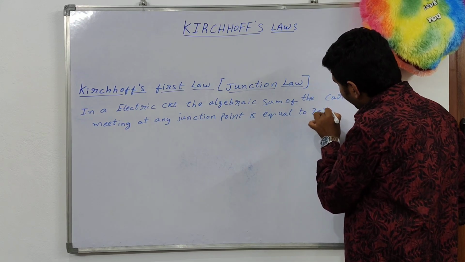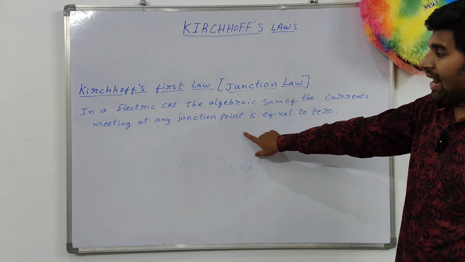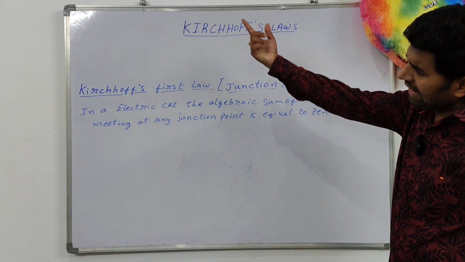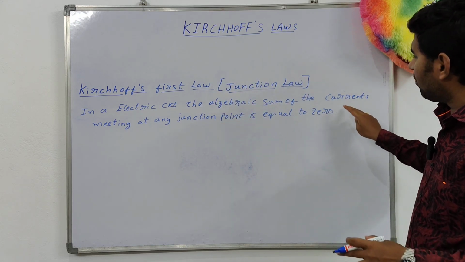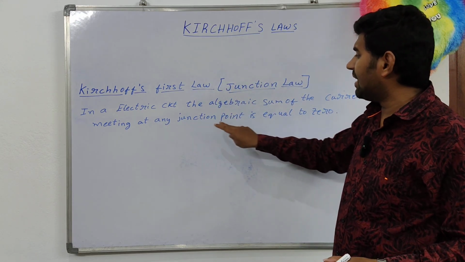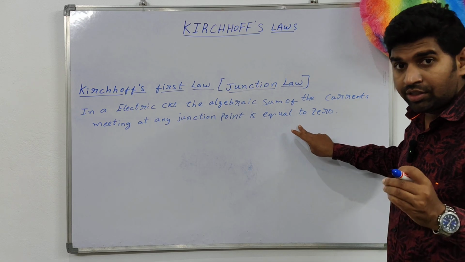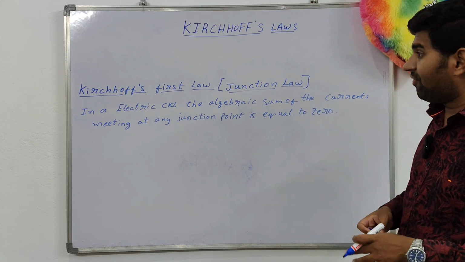In any electric circuit, the algebraic sum of the currents meeting at any junction point is equal to 0. This is according to the first law.